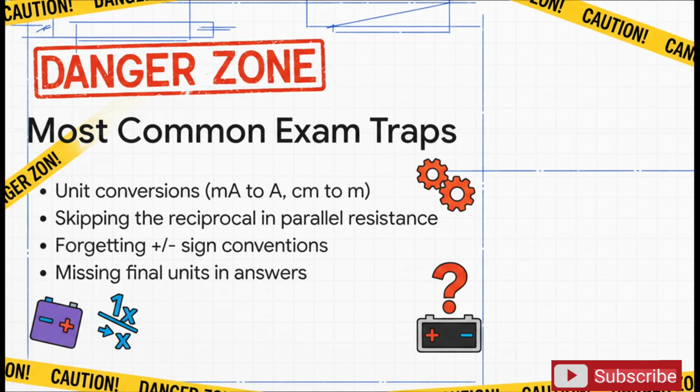But wait, did you flip it to get the final equivalent resistance? Most people just forget. Third, we've got sign conventions. Placing an ammeter or voltmeter with the wrong plus-minus polarities in a diagram will instantly lose you marks. And finally, the ultimate tragedy, doing the whole problem perfectly but forgetting to write ohms or volts at the end of your answer. Just brutal.